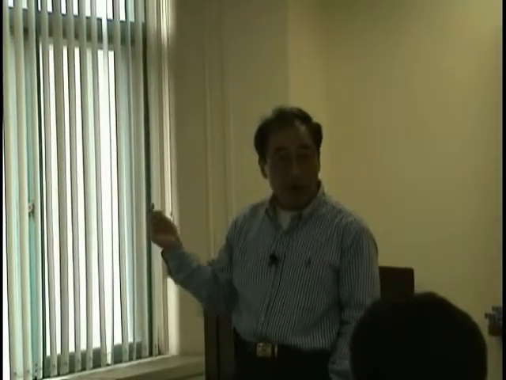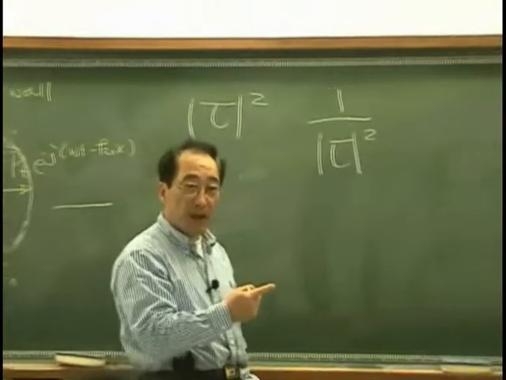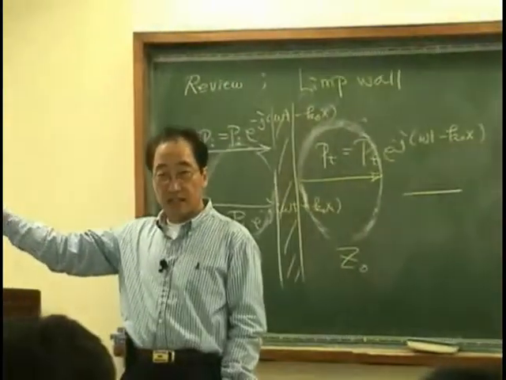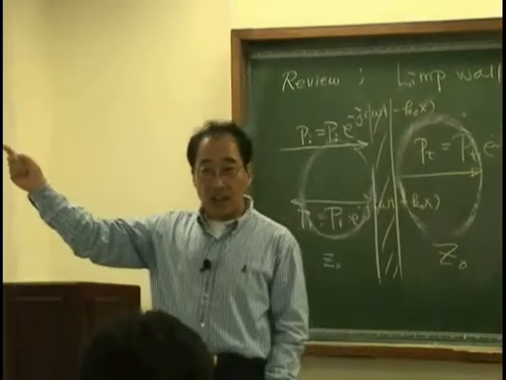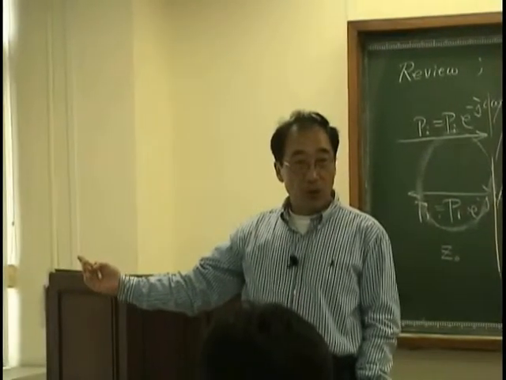Do we want to have a window that has maximum tau or minimum tau? It depends on the way we are looking at the problem, right? So we have a source outside, and we want to design the wall so that we have no transmission.